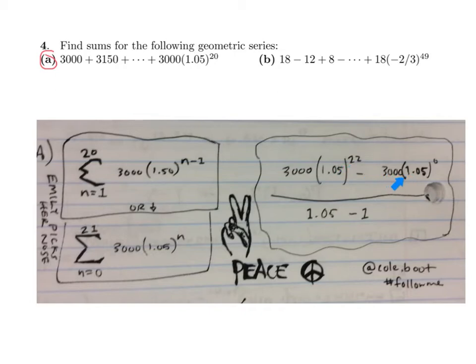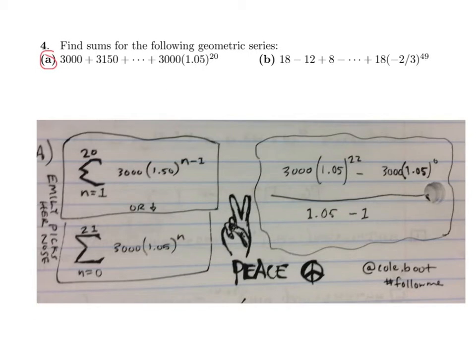This just equals 3,000, because this is the 0th, and then over the multiplier, subtract 1, and I'm pretty sure that's it. Okay, your work looks very nice. I'm not sure how correct it is.